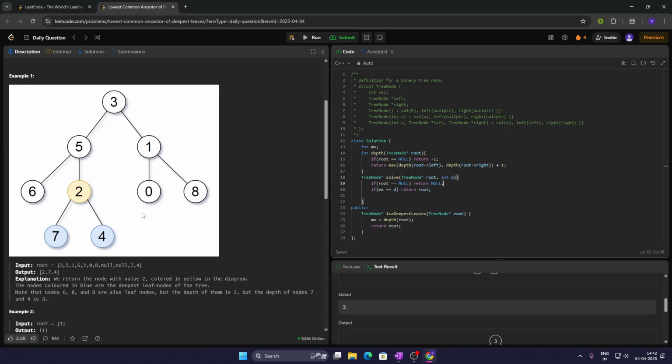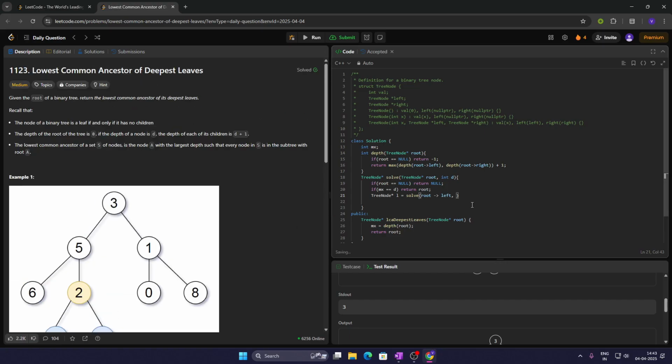In this case, we will check the left subpart and the right subpart as well. So, TreeNode left equal to, it's a recursive function, right? So, recursively, we have to call this one. And then what will be the depth?